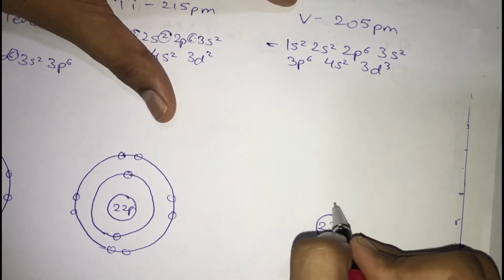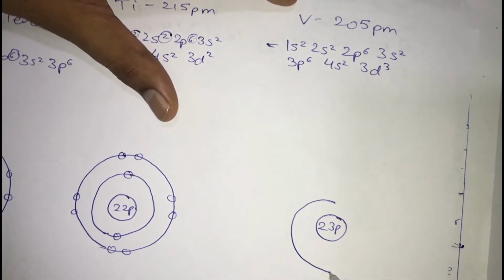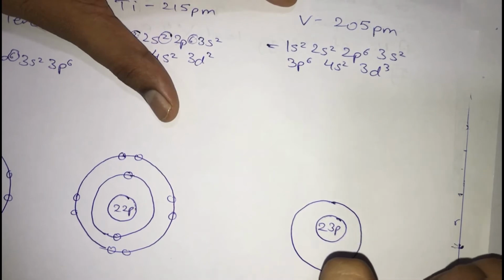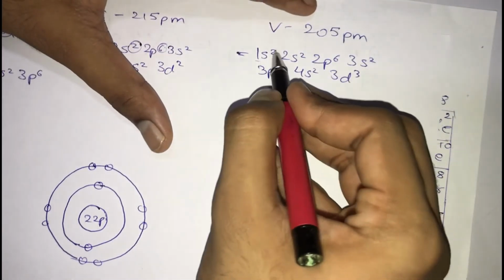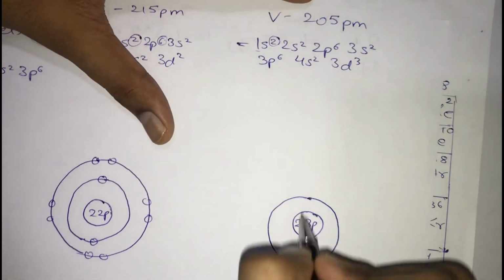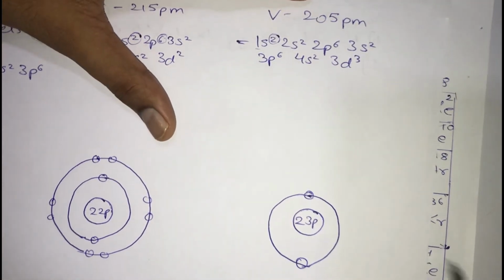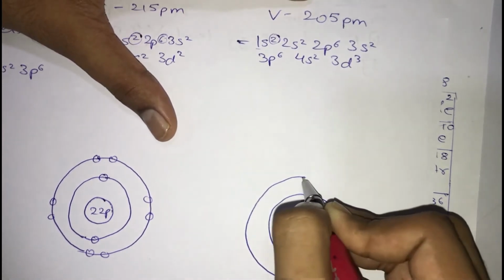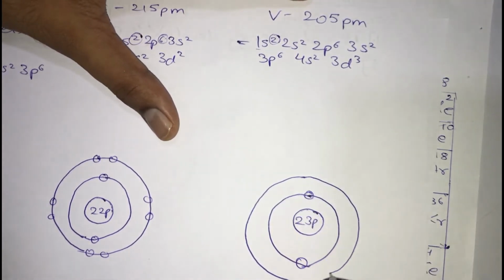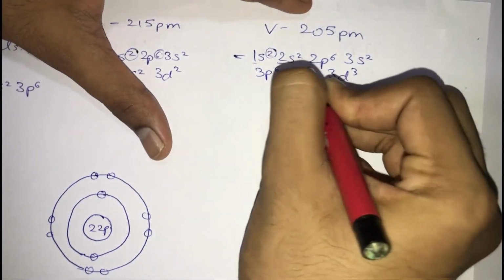So I draw the first energy level. Sorry guys, my diagram is very dirty. So inside this first energy level I have 2 electrons. Now inside this second energy level I have 2 plus 6, total 8 electrons.